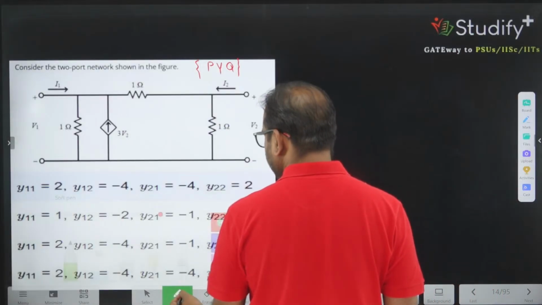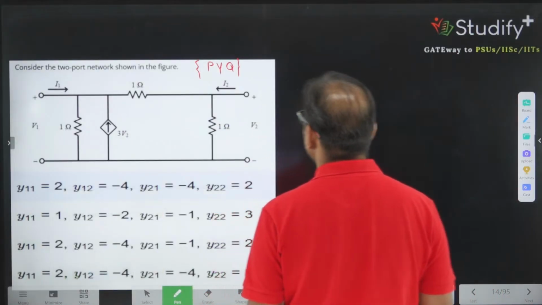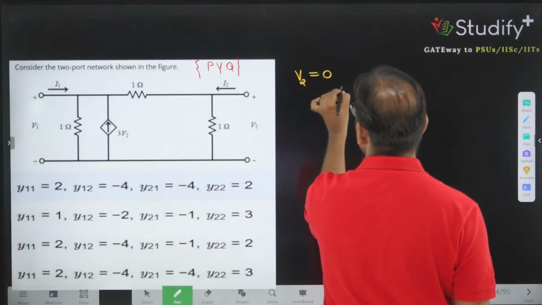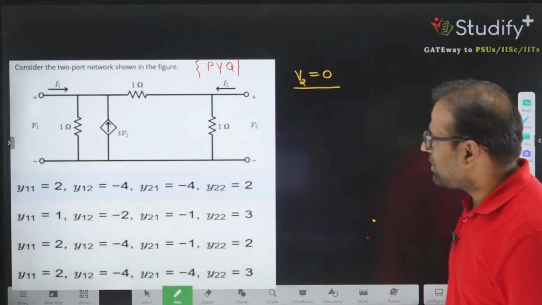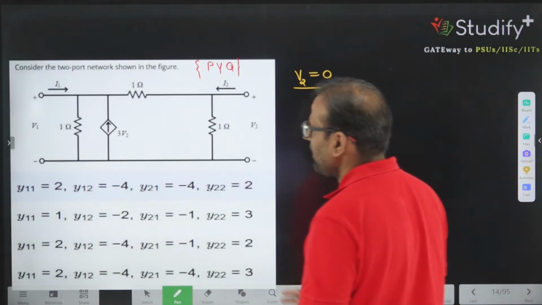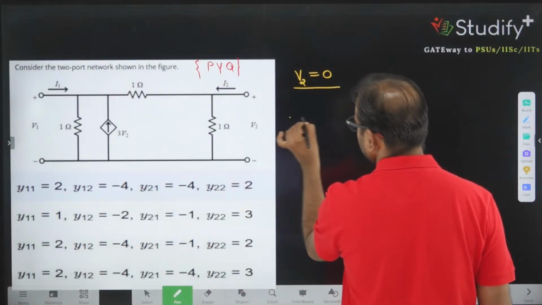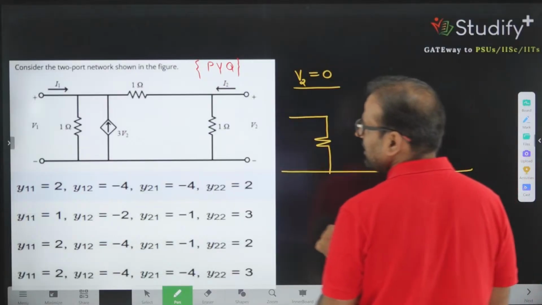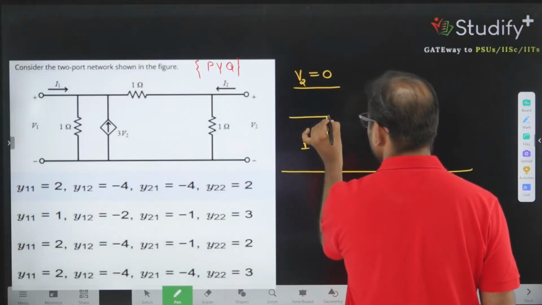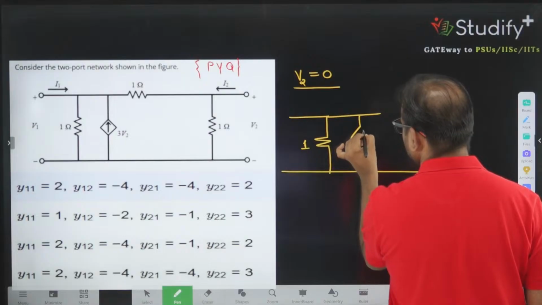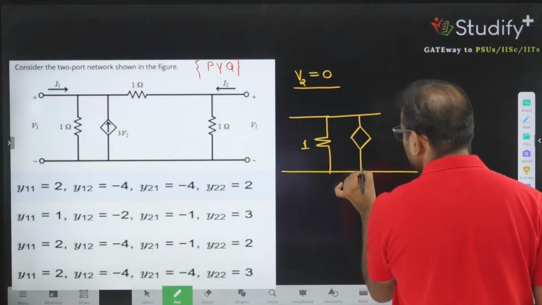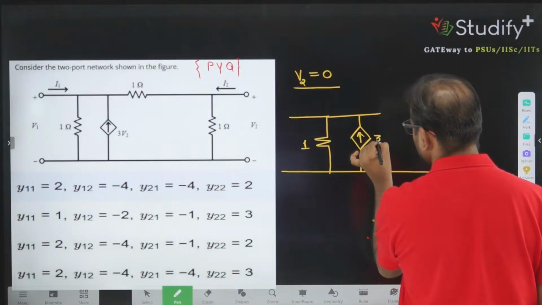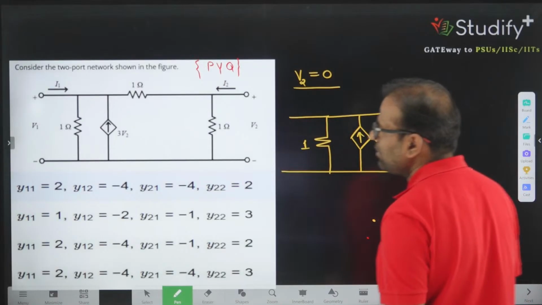To calculate the Y parameter, let's take V2 equal to 0. What is the first thing we can do? We can make V2 equal to 0. By making V2 equal to 0, what can we have? We can have this. This value is 1. This value is 3V2.